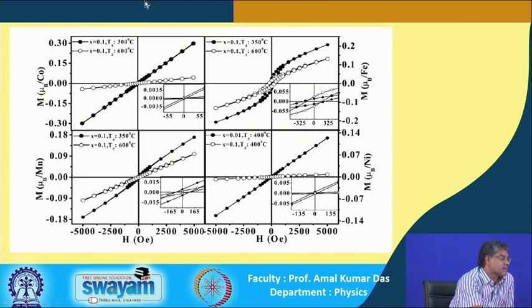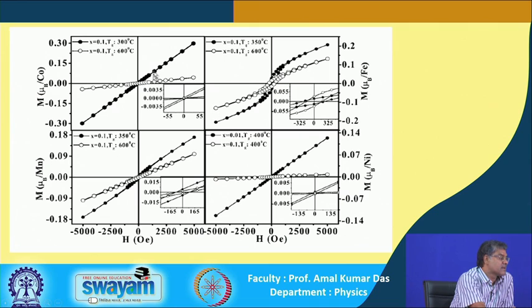So, that is how we present a lot of data on the same graph paper. One piece of information is how many sets of data we are plotting on the same graph.